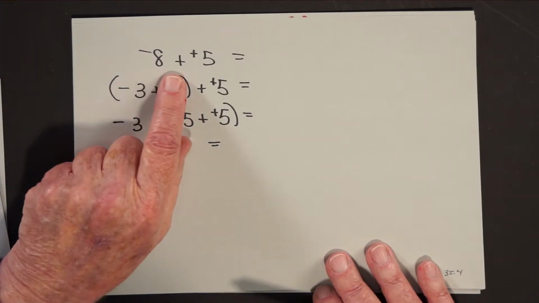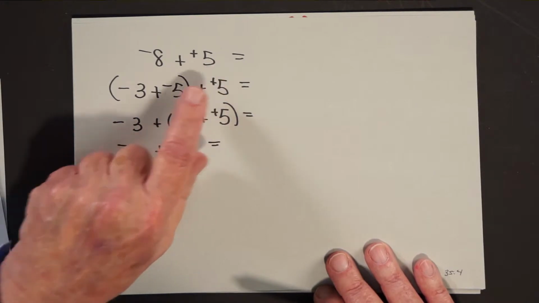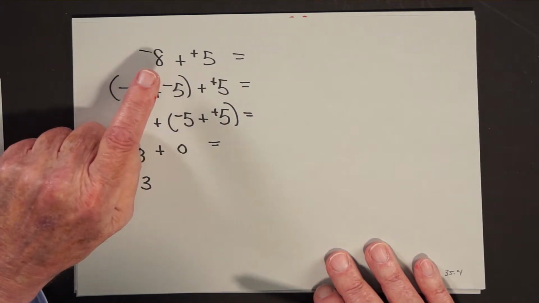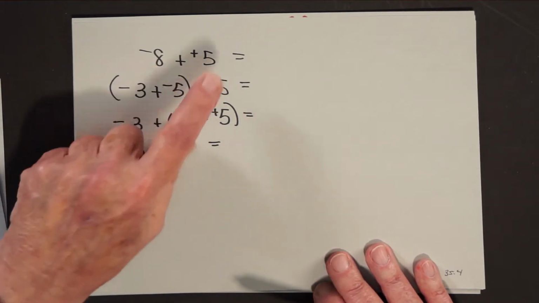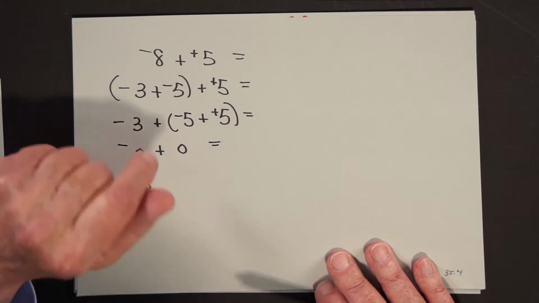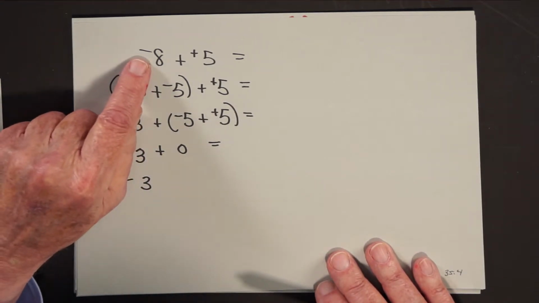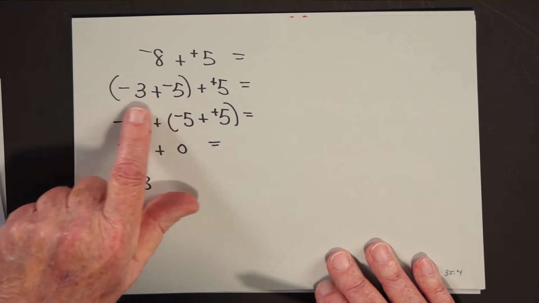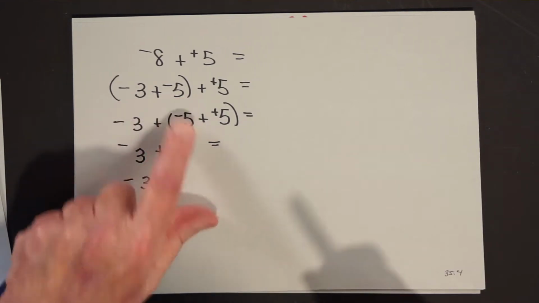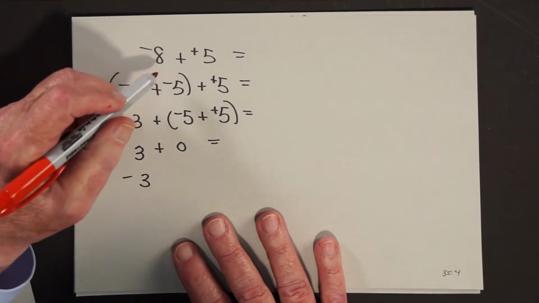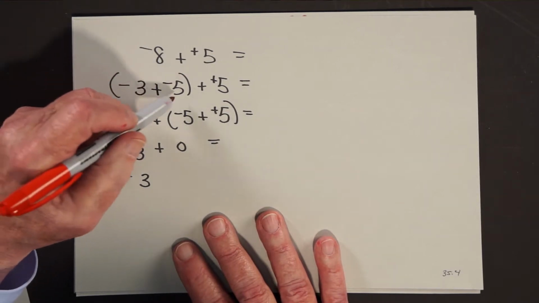We look at -8 plus +5, and we say, gee, if this had been -5 instead of -8, the answer would just be 0. So what we'll do is write the -8 as -3 plus -5. The motivating force is, why did we break the 8 down into a 3 and a 5?